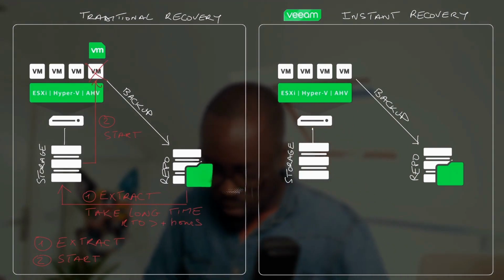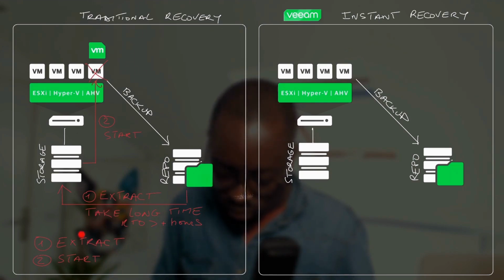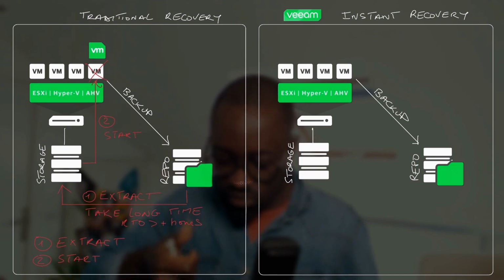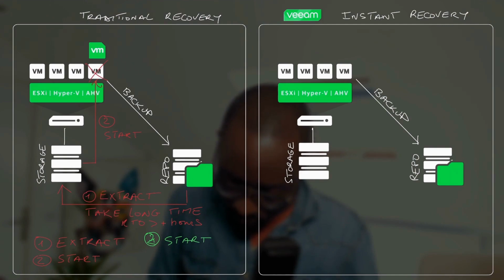And so, 15 years ago, the R&D engineers at Veeam had a brilliant idea. Very simple, as you will see. They said to themselves, if the traditional restoration process is as described here, if we can reverse it, we have everything to gain, since instead of extracting and starting, we will rather begin with step 2, start first, and then step 1, extract.